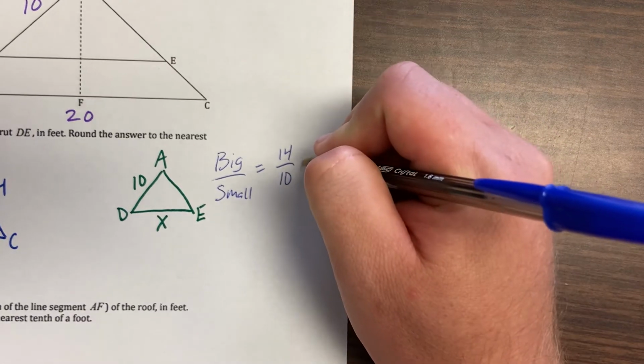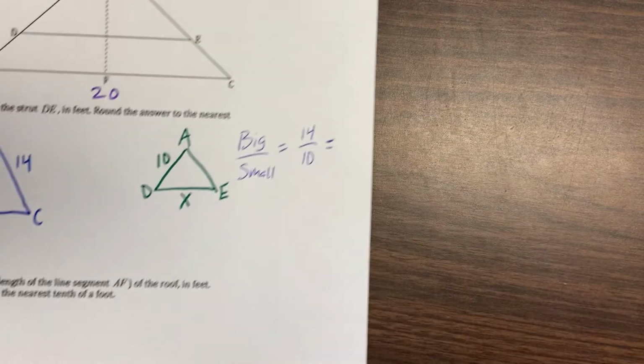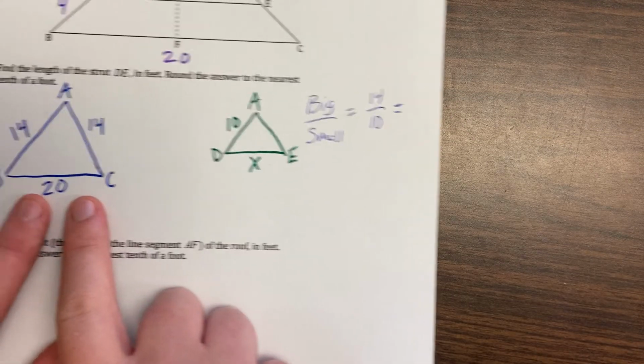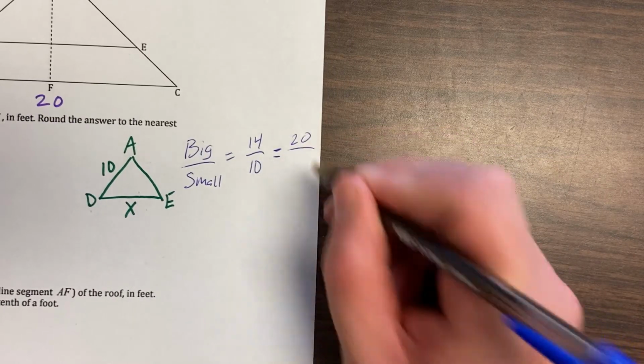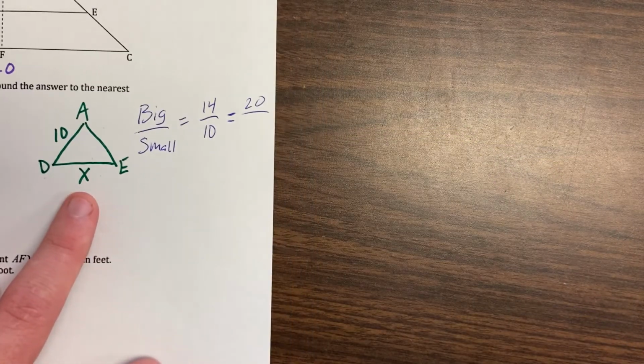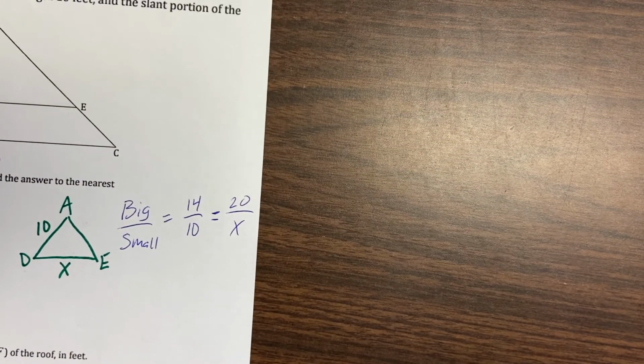Well, that ratio has to be the same, right? With similar triangles, the ratio has to be the same. Well, this bottom side is a 20 for the big triangle, and the bottom part of the smaller one, we're going to let it be an X. Okay, so here's your proportion, right? Anytime you're dealing with similar triangles, you're going to be dealing with a proportion.